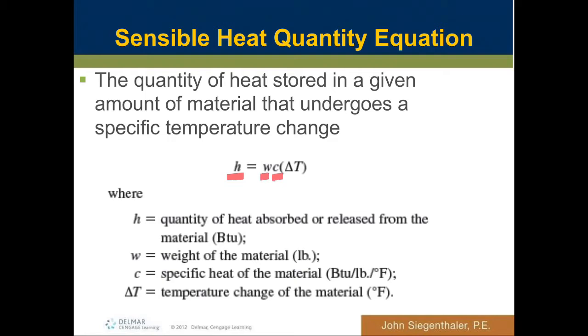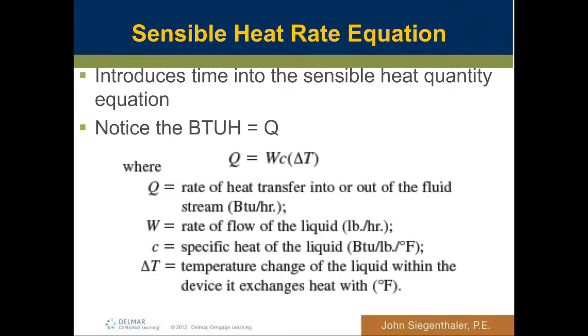The weight of a substance, generally in pounds, times the specific heat content, which is C in this picture, times the delta T, is what we call the sensible heat equation. We can use this equation for any type of system where we would be doing a temperature change. So if it's concrete, if it's copper, if it's air, we can use that if we know those things.